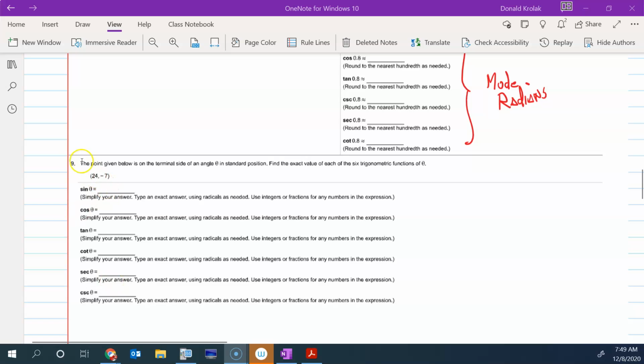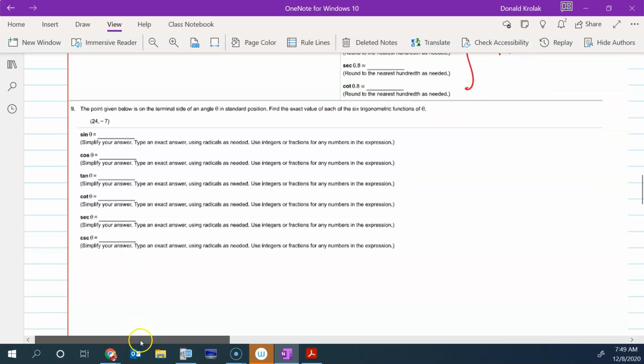This one down. It says, given a point, the point below is on the terminal side of an angle in standard position. Find the exact value of the 6 trig ratios. So your point is 24, -7. All right.